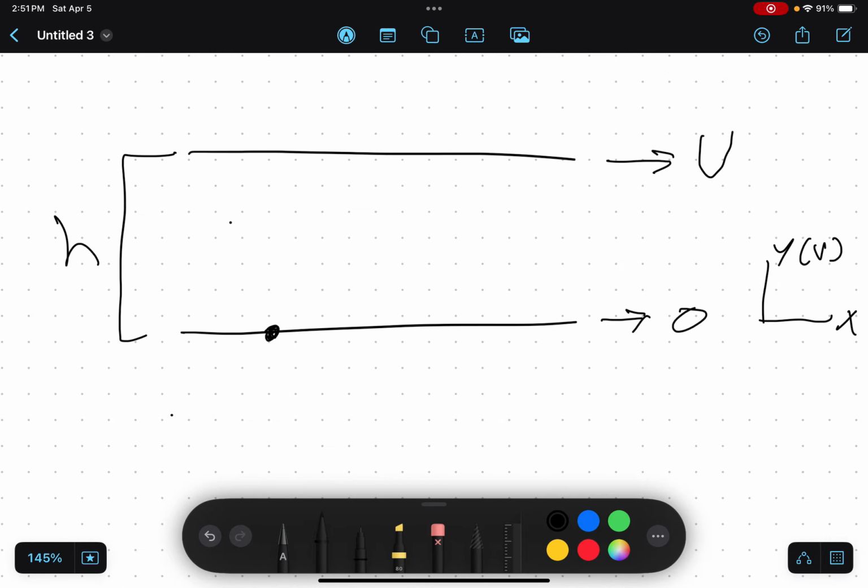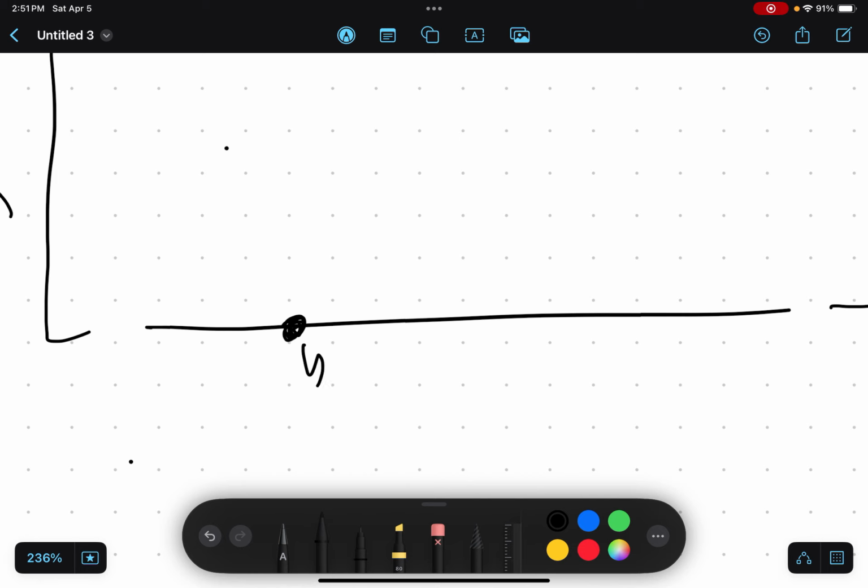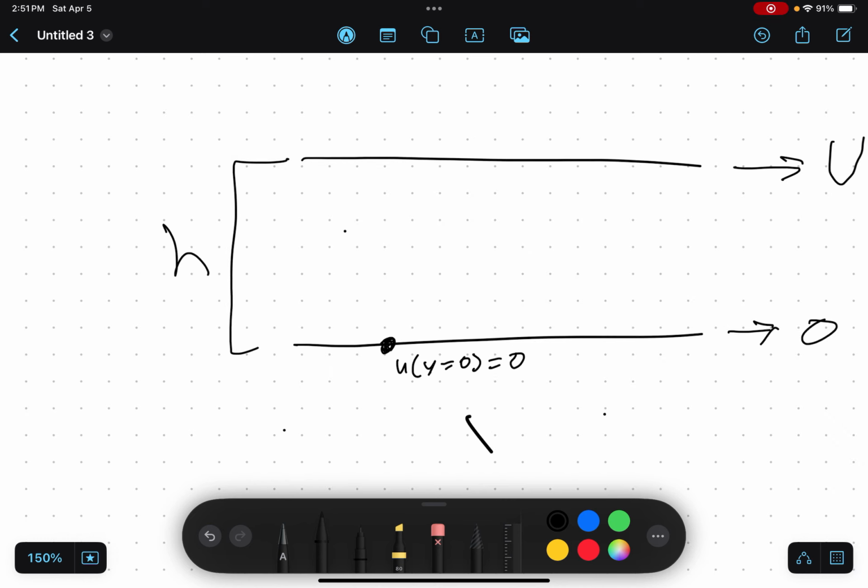Okay, so we know that u at y equals 0 equals 0. Why do we know that? It's because of the no-slip condition. That's a condition that's assumed in mechanical engineering and fluid flow: a fluid right at a wall or right at a surface is moving at the exact speed of that surface.